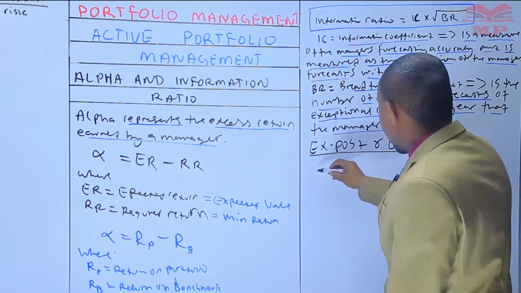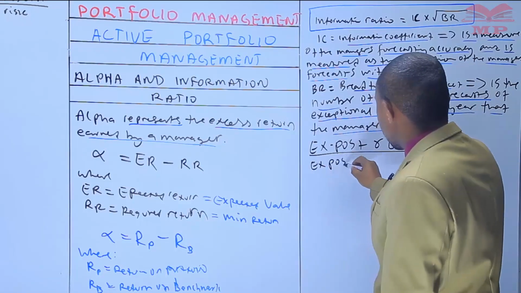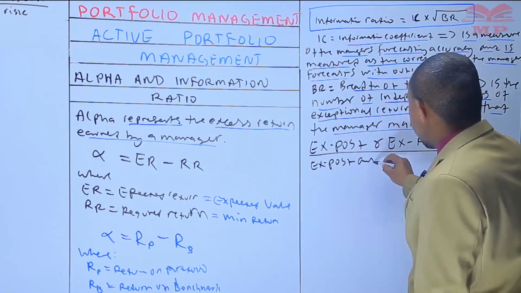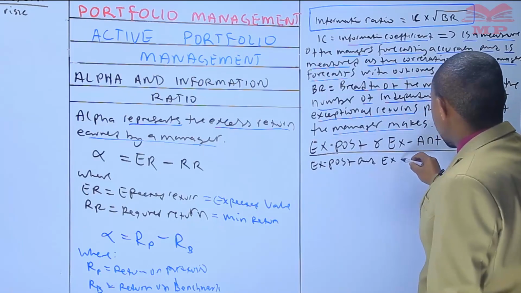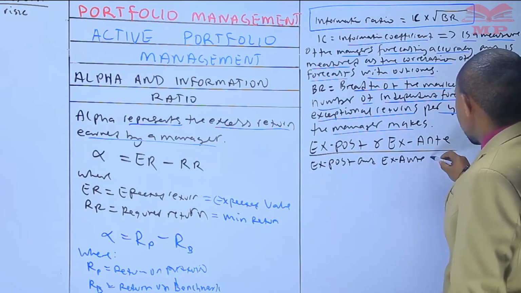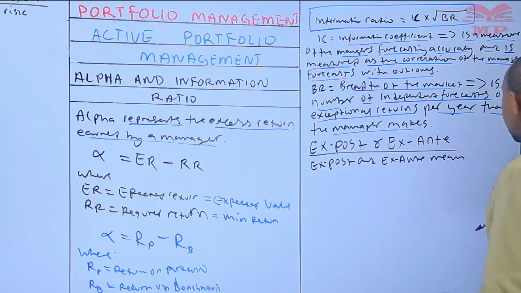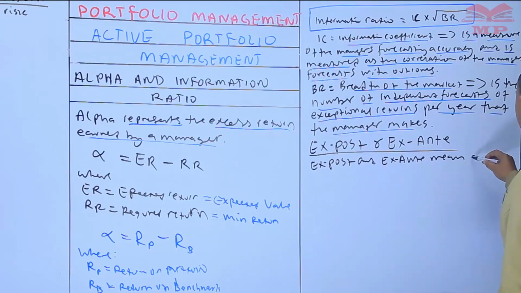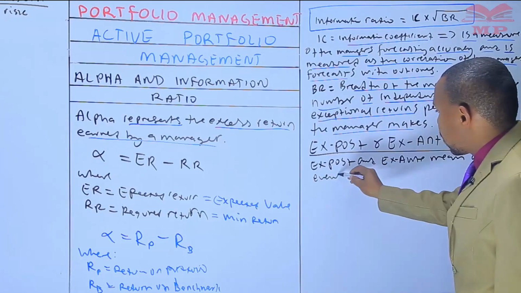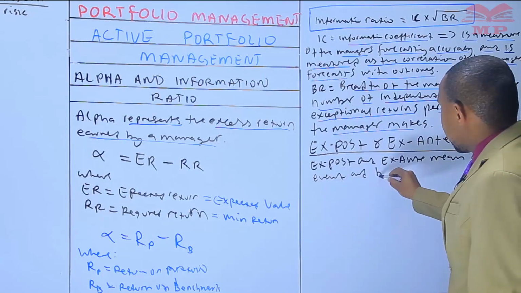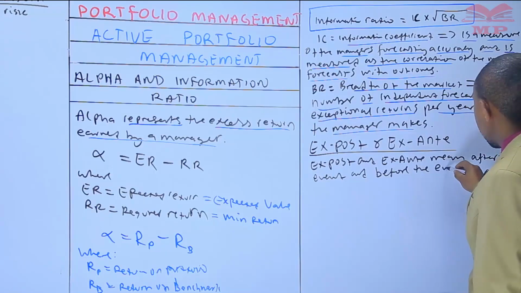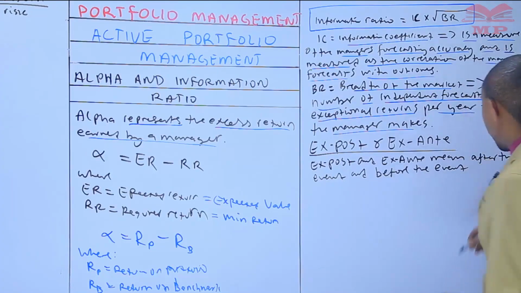Ex post and ex ante mean after the event and before the event respectively.